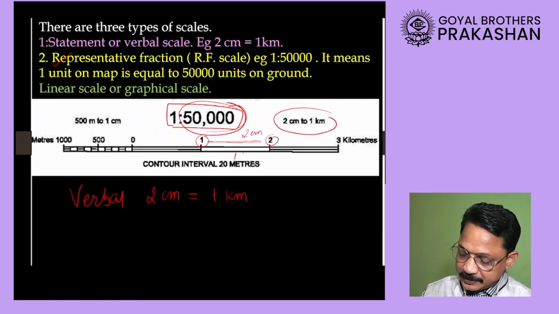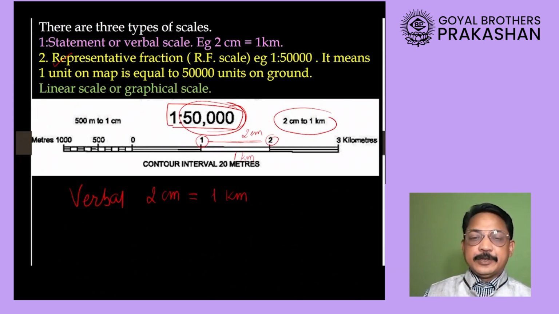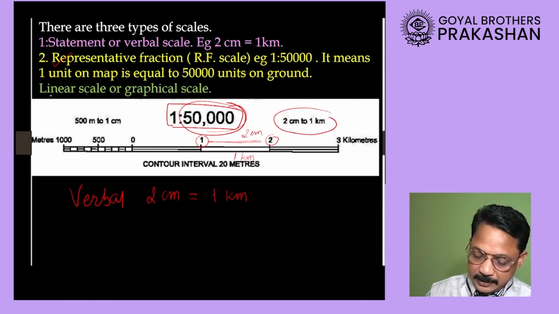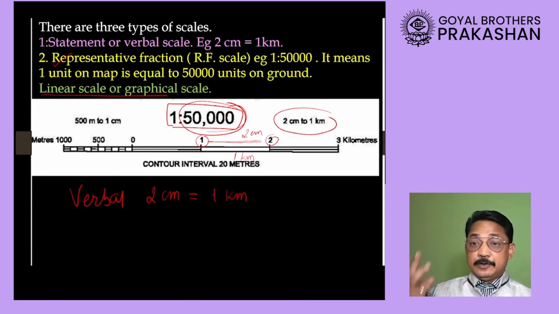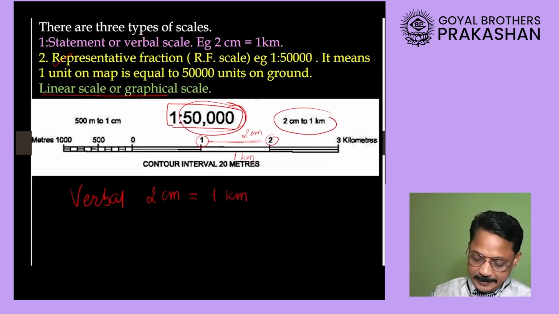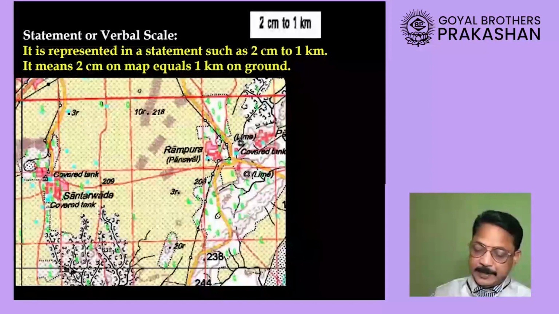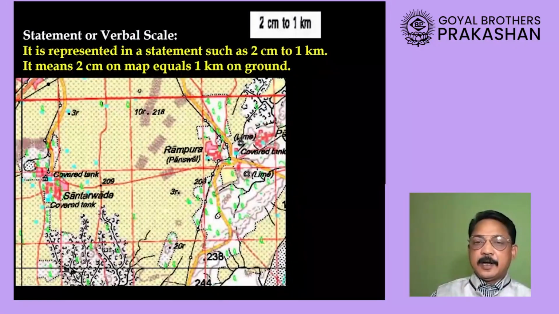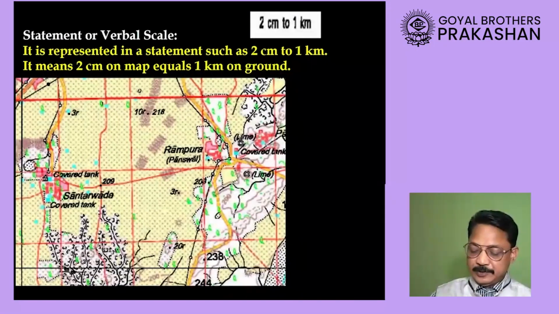That means this distance is 1 kilometer. This third scale is called the graphical scale, or it is called the linear scale. So we have three different scales given on a topography map. Now let us see how we use these scales.